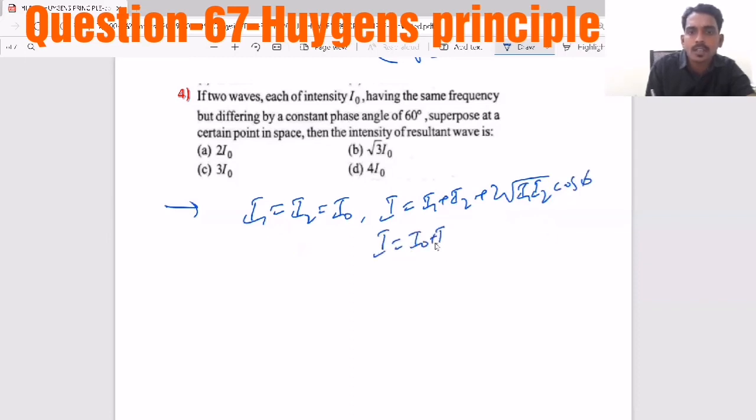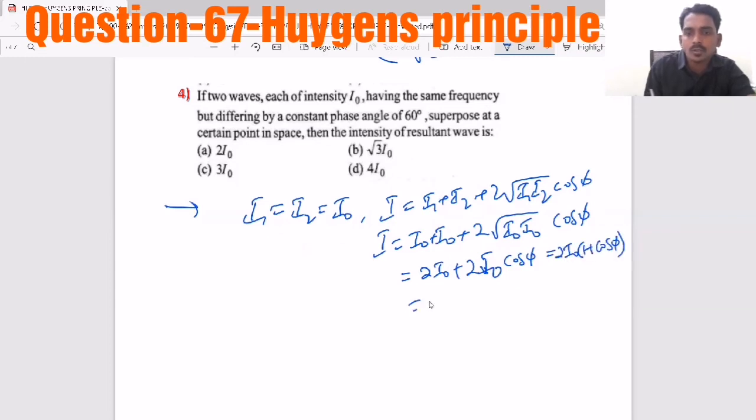So I0 plus I0 plus 2 root I0 root I0 cos phi, which is 2 I0 plus 2 I0 cos phi. Taking 2 I0 common, 1 plus cos phi. So 2 I0 times 1 plus cos phi means 2 cos square phi by 2, equal to 4 I0 cos square phi by 2. So this is the resultant intensity.